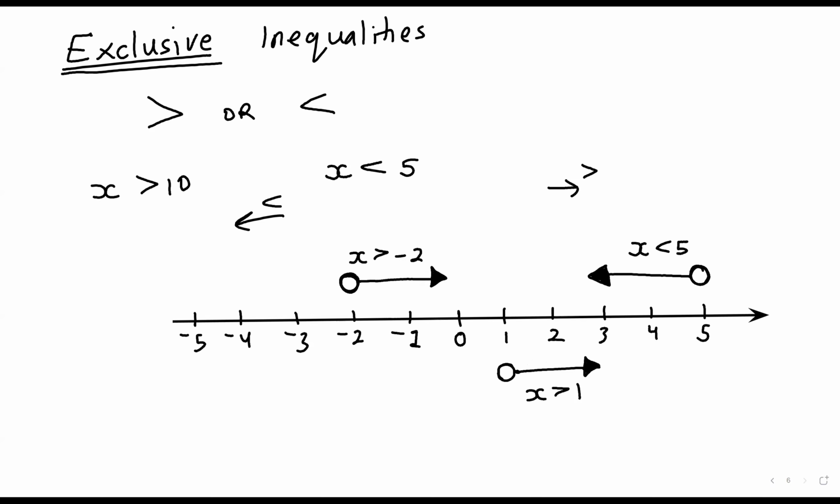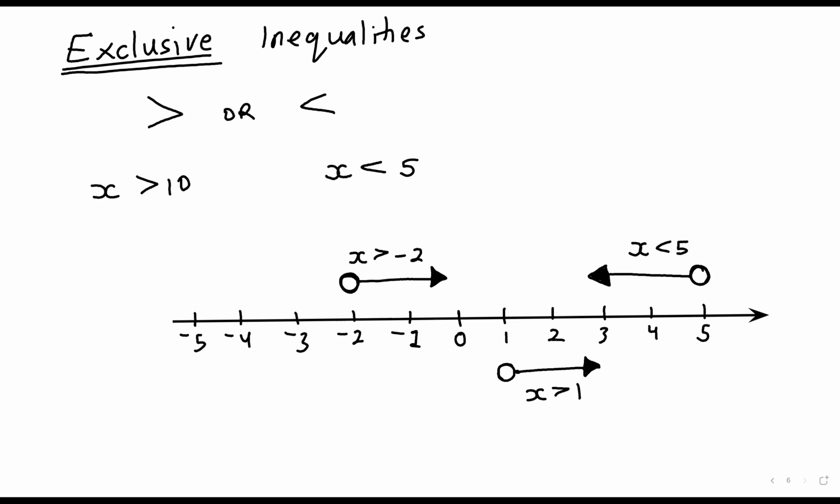Amisha, what about if I wanted to show x is less than 3? What would I do to show x is less than 3? So where would I draw the circle?